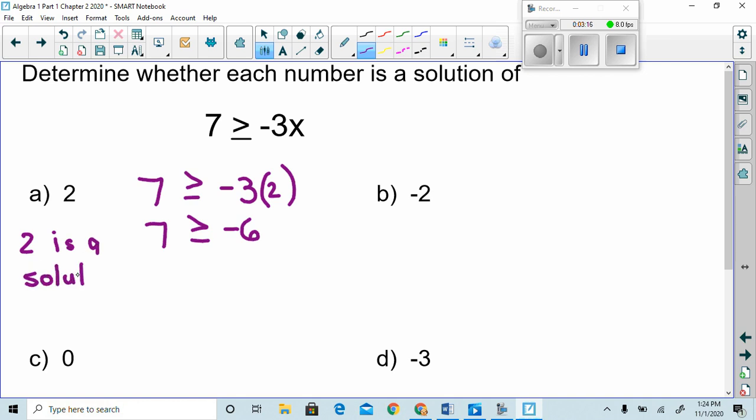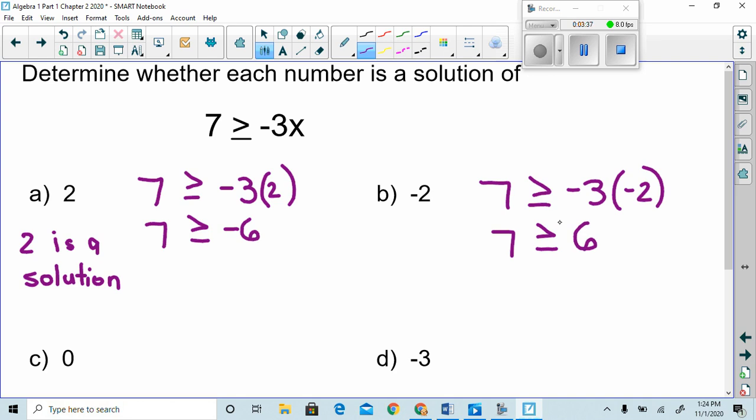Let's use this same inequality, and now let's check -2. 7 is greater than or equal to -3 times -2. Let's do the math, and that gives me 6. Is 7 greater than or equal to 6?